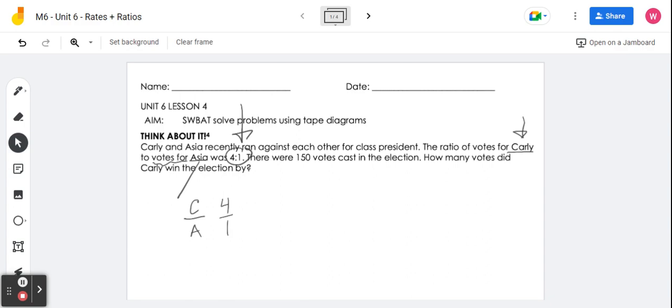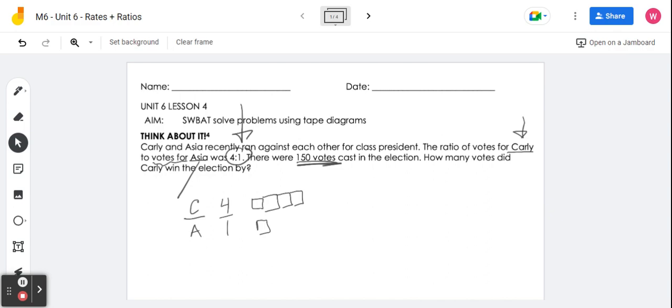So here is our total. The total number of votes is 150. And we're going to use our tape diagram of 1, 2, 3, 4 pieces of tape there to 1 piece of tape for Asia. And the total number of votes is 150.